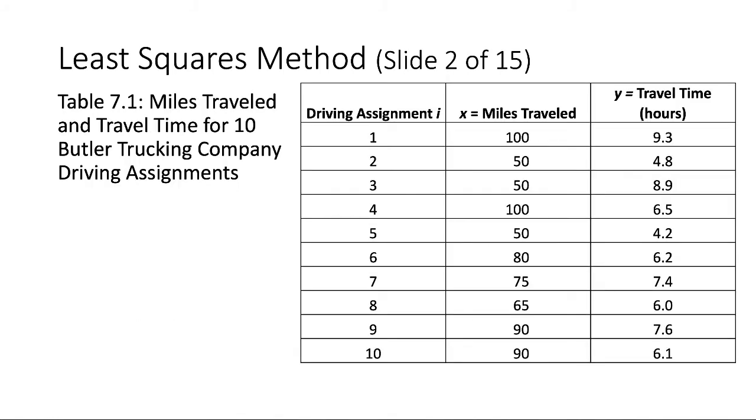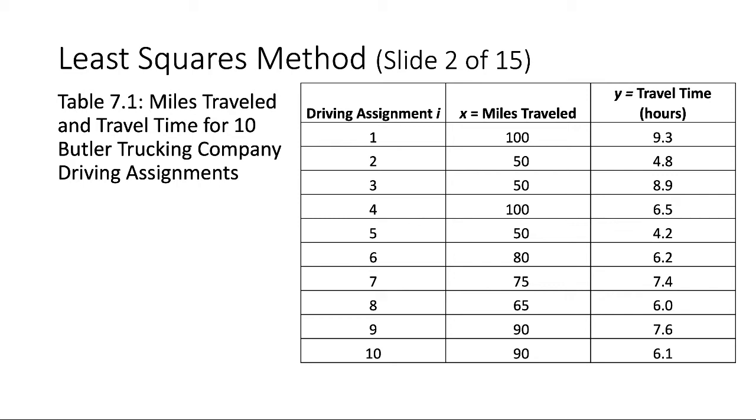To illustrate the least squares method, this sample dataset contains 10 trucking companies' driving assignments. Each observation, or driving assignment, in the sample has a value for the miles traveled, or x, and the travel time in hours, or y. Driving assignment 1, with x1 equal to 100 and y1 equal to 9.3, is a driving assignment of 100 miles and a travel time of 9.3 hours.